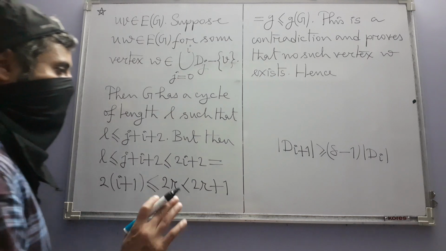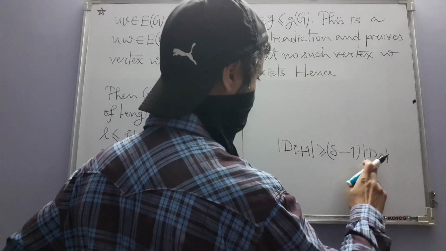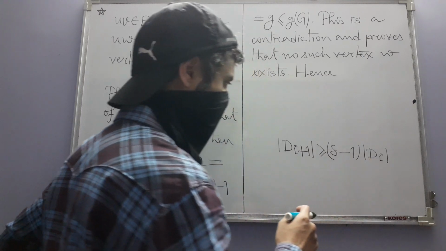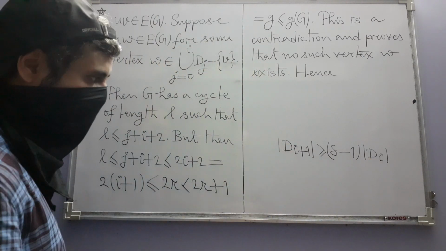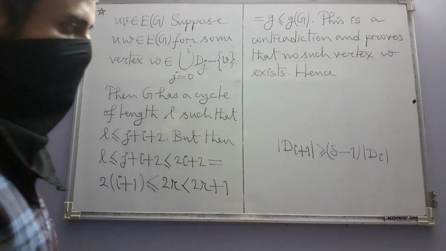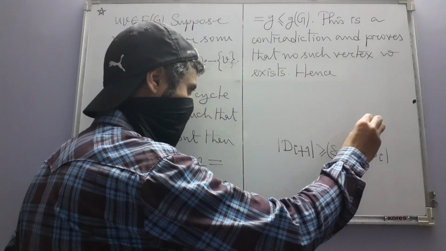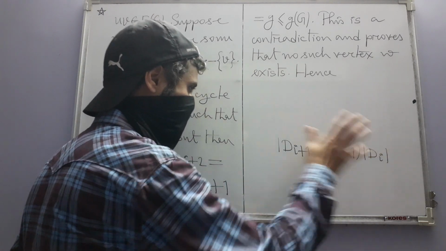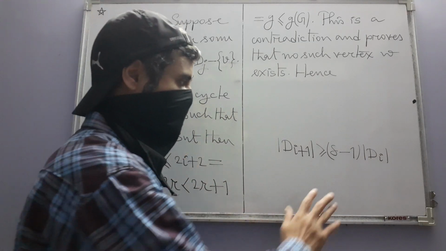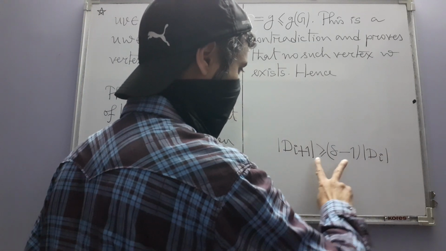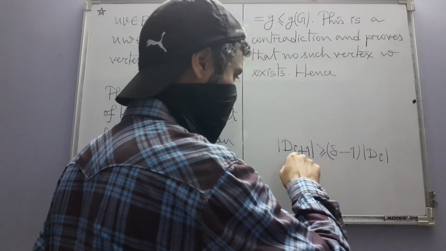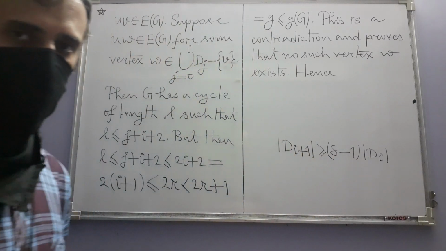Well, actually, ultimately it does not matter, since if in place of i you write i plus 1 and here i plus 2, that does not matter. The fact is that the ith level, whatever i is, gives rise to at least this many vertices at the i plus 1 level.